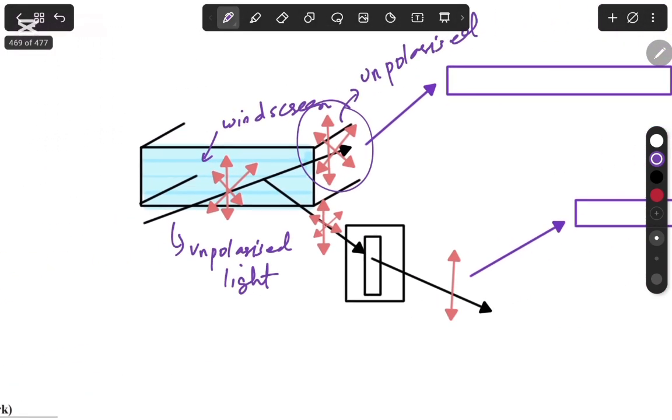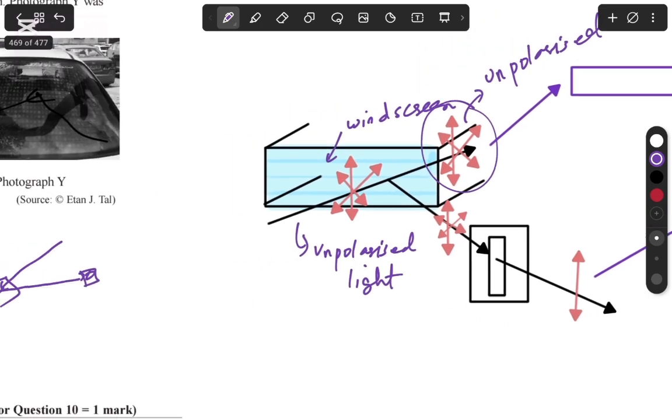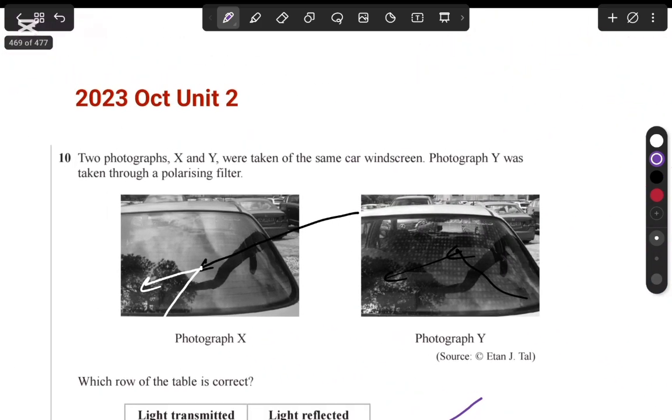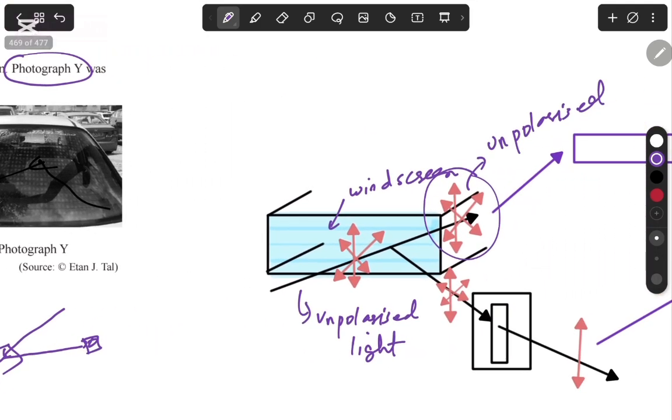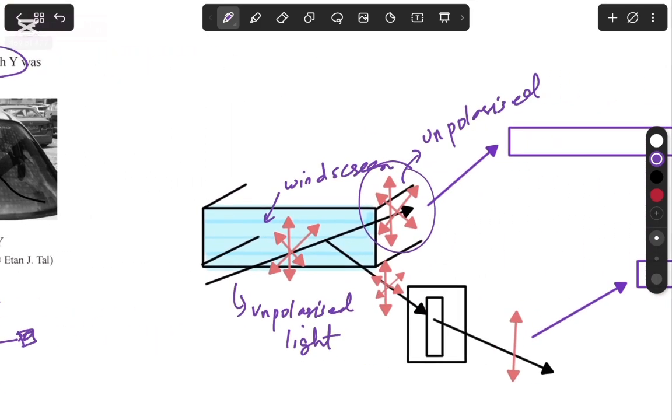The next thing, when the light is going to reflect, it's going to be partially polarized, but I'm not looking at that. We're looking at the filter, okay? Because the question tells me a very important thing, that photograph Y was taken through a polarizing filter. Now we have learned this in class, that whenever reflection happens, there is going to be partial polarization. But we're not looking at that.